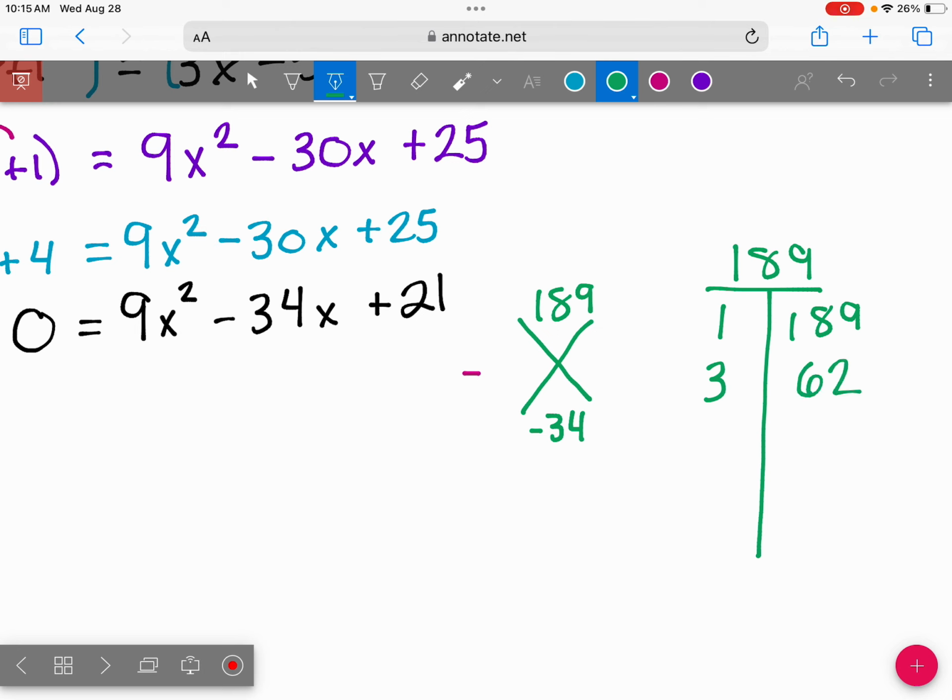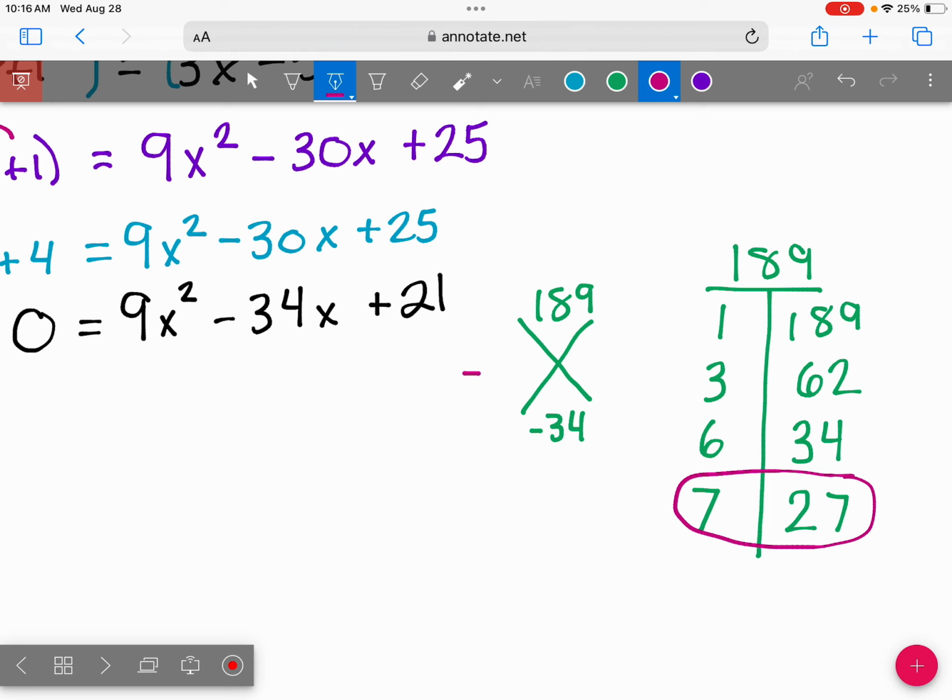It won't divide by 4 or 5. It will divide by 6, I think. And it will also divide by 7. 7 times 27 gives us 189, and 7 plus 27 gives us 34.